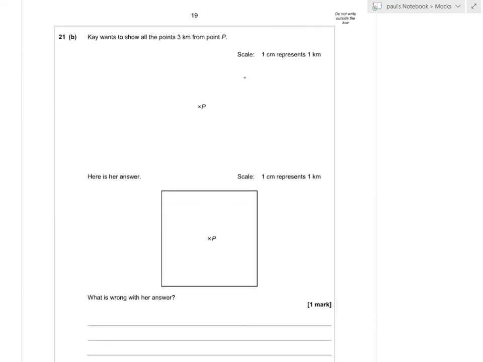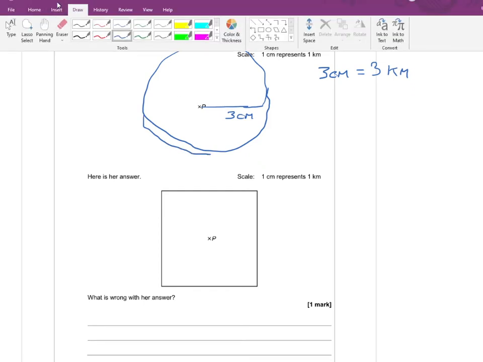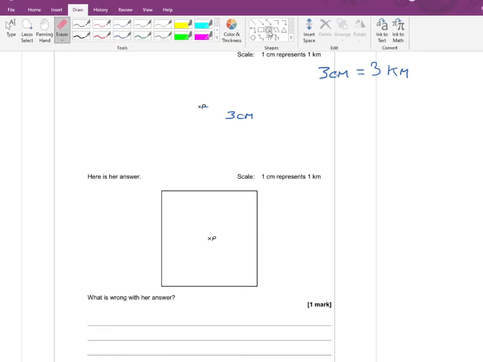K wants to show all the points 3 kilometers from point P. So 1 centimeter equals 1 kilometer, therefore 3 centimeters equals 3 kilometers. So you would draw a radius of 3 centimeters. Well, look at that, that's a circle and a half. It's a bit of a rubbish circle actually. I'm going to see whether I can draw a proper circle on here.